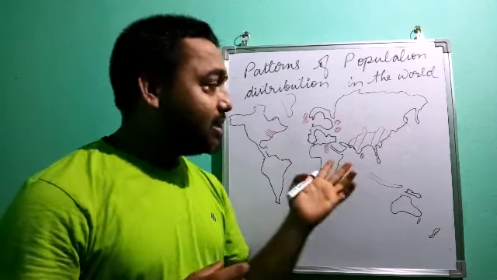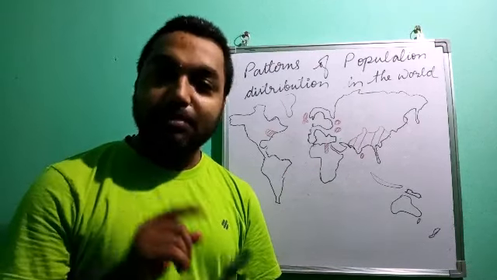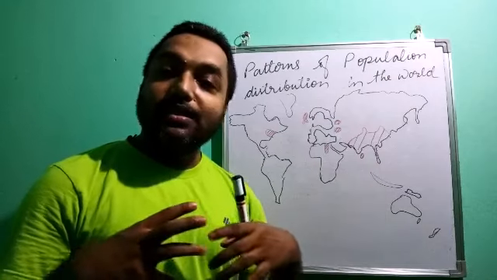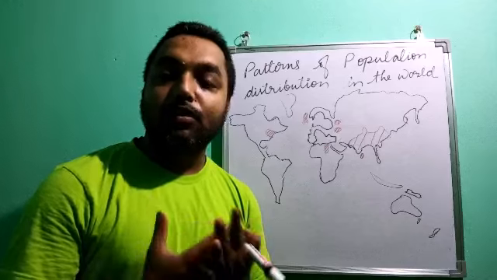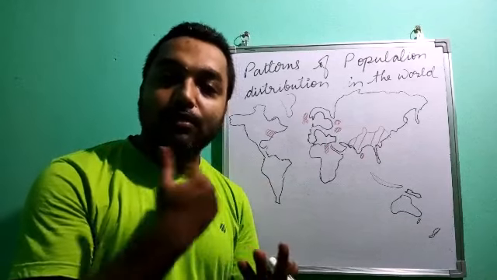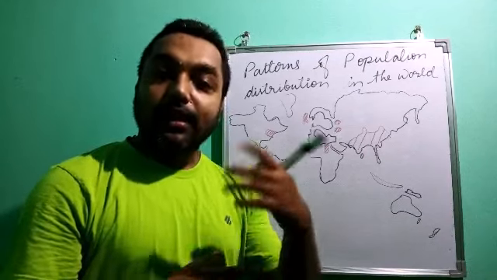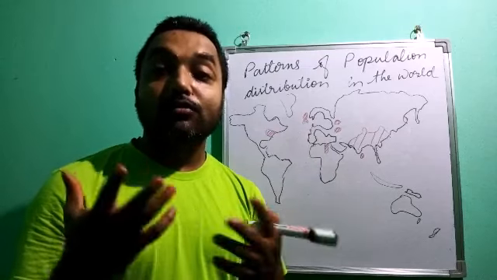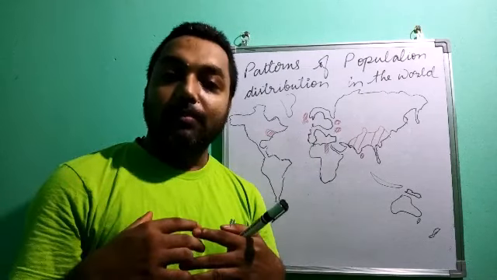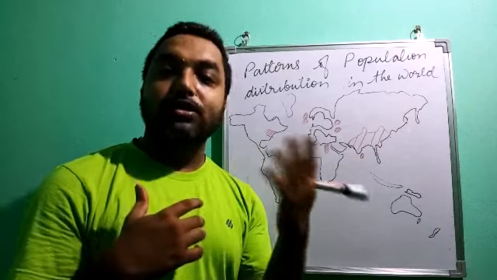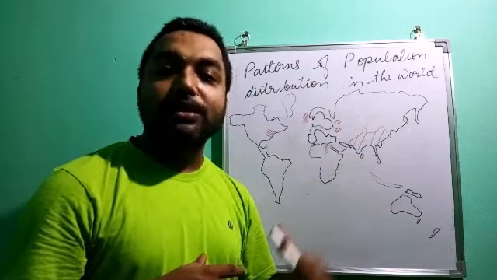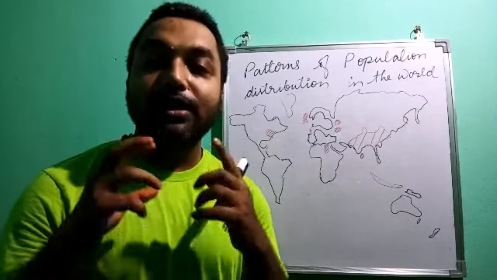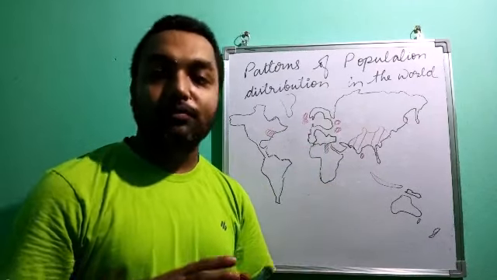Now why are these areas so highly populated? It is because the basic things needed to survive, that is air, water, food, agriculture, and then other things which later became our basic needs, like cloth, industries, jobs and so on, are found very easily in those places. That is why people like to live in these places rather than other parts of the world.